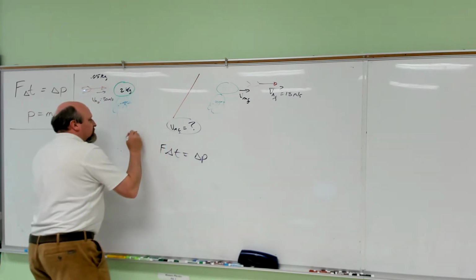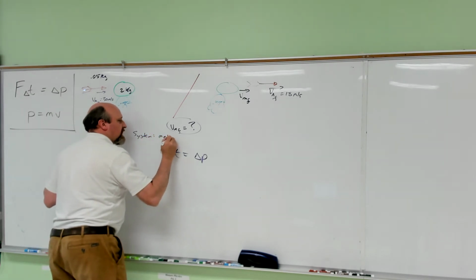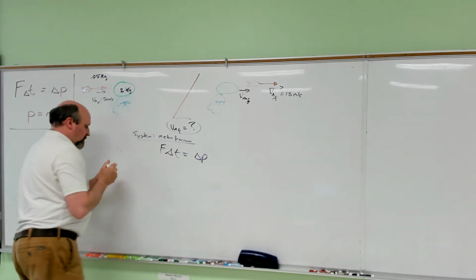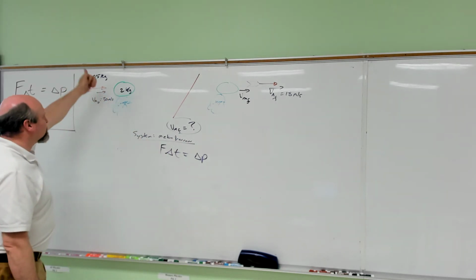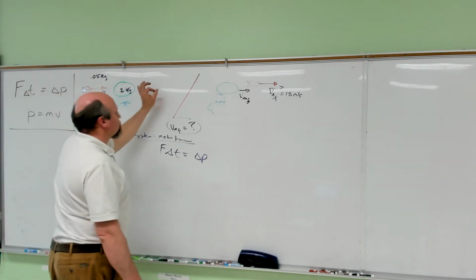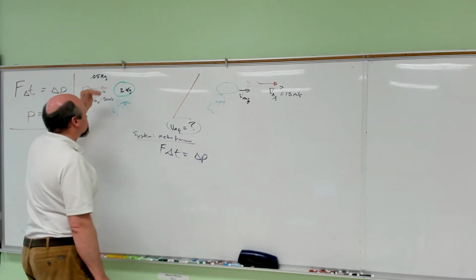Now, if my system is the melon and the arrow, what forces do I have here? Well, gravity's going to be pulling down, but during the time it takes that arrow to go through, that force is going to be relatively weak. It's not going to act for very long.